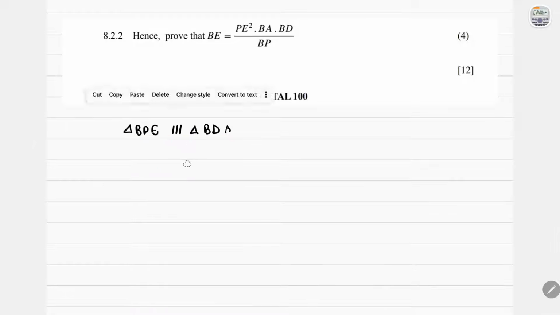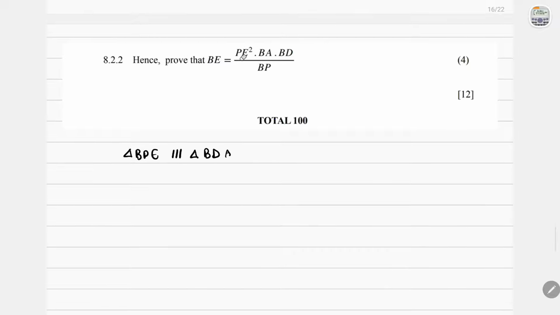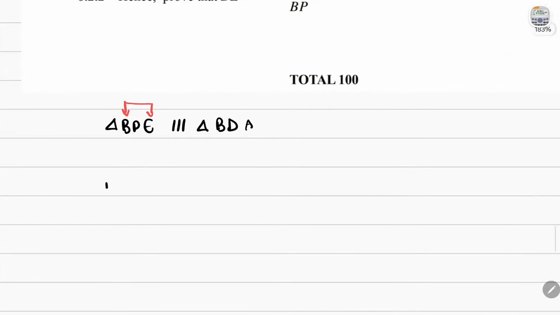Okay, so looking at this, you see how we have PE. Let's start with BE, because BE is over here. BE came from the first letter and the second letter. So that side BE would go over BA. We have to take it over BA, so first and second in the second triangle as well.